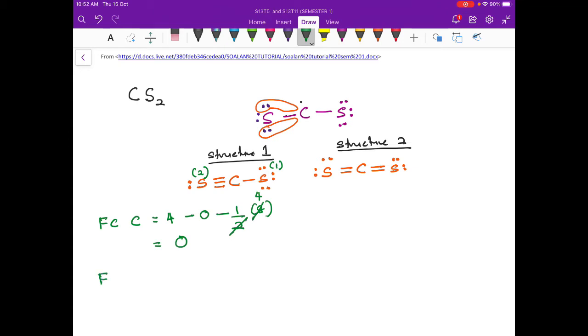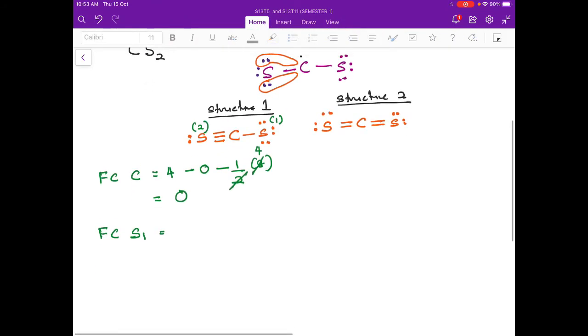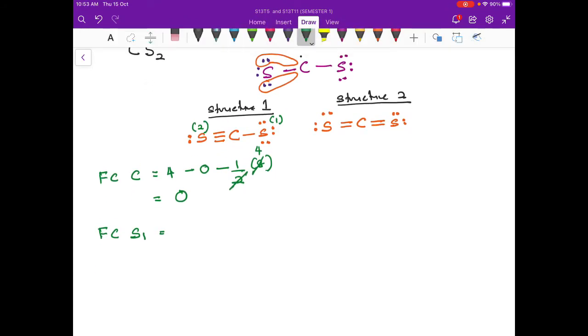Then the formal charge for sulfur number 1: sulfur 6 minus, there are 6 electrons in lone pairs around sulfur number 1, minus half times 2. Why 2? Because of this. 6 minus 6, zero, minus 1, negative 1.